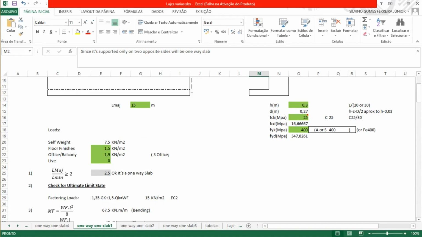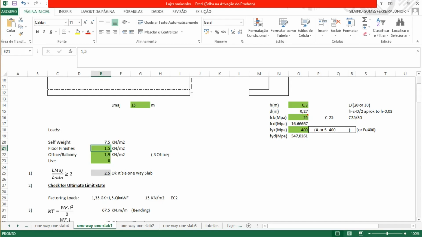We're going to consider loads for this calculation. The self-weight is the total depth multiplied by 25, the density of the concrete. For the floor finish, like tiles or something, we can consider 1.5 kilonewtons per square meter. We will not consider live load, so 0.